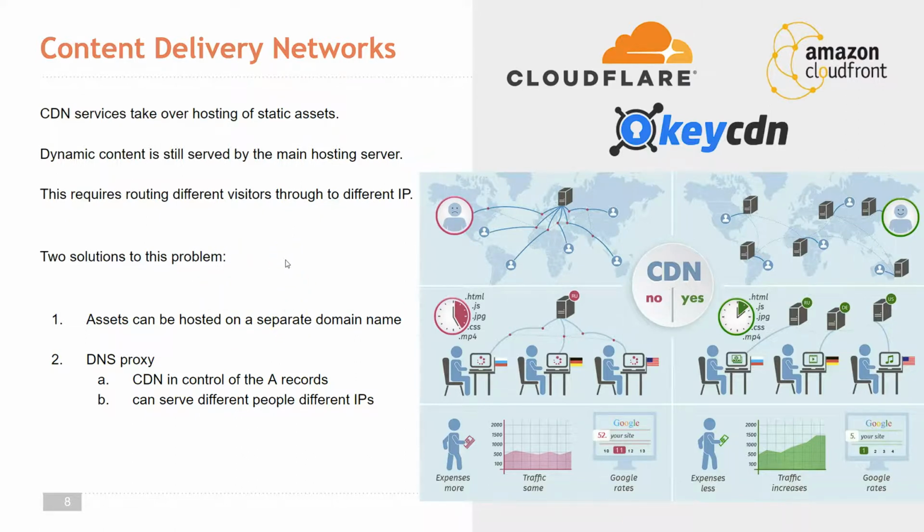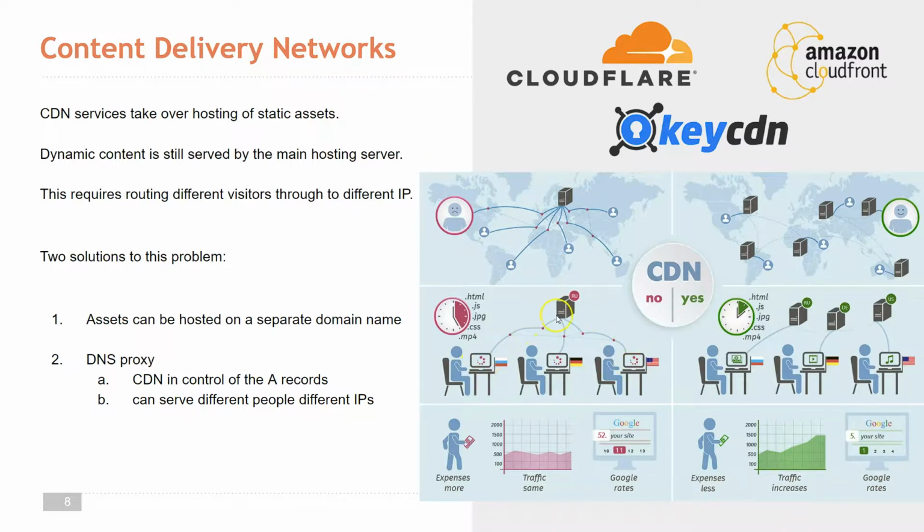But if you want to integrate the CDN properly, then you need to give the CDN control of your A records, right? And what the CDN can do this way, when it has control over the A records, is that it can serve different people different A records based on where you're from, right?